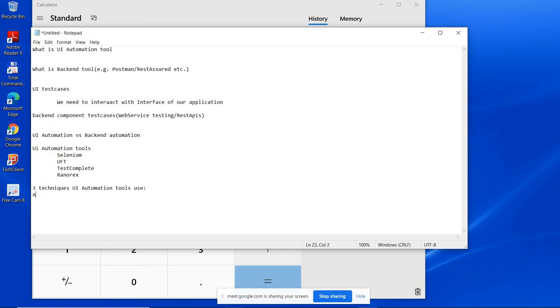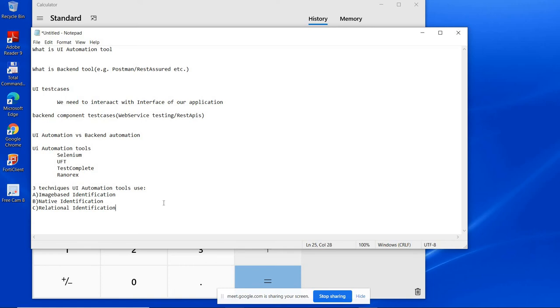First is image based identification. Second, native identification. And third, relational identification. Right? So image based identification, native identification, and relational identification. These are the three techniques which any UI automation tool uses. Now we are going to understand each technique one by one.